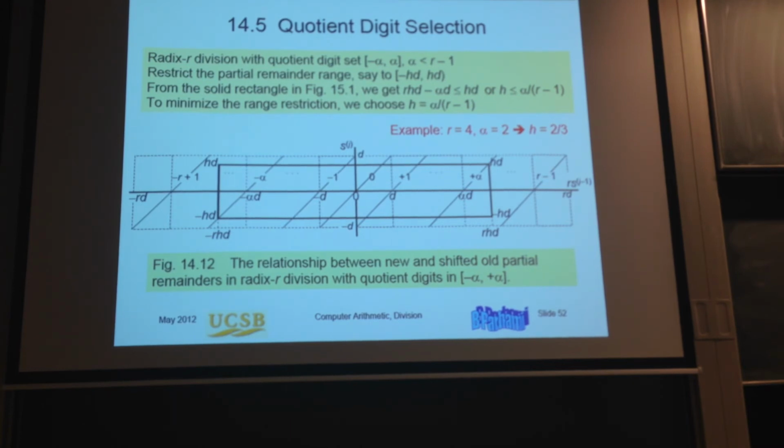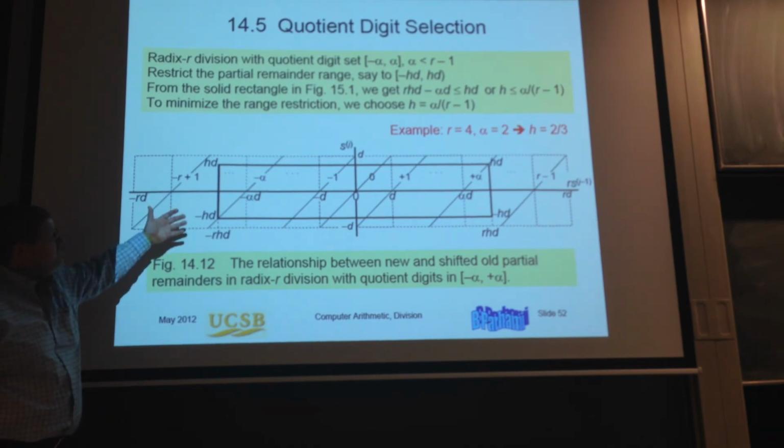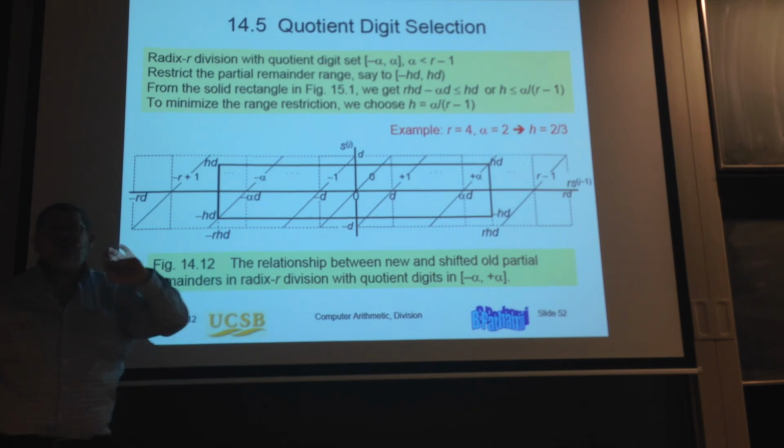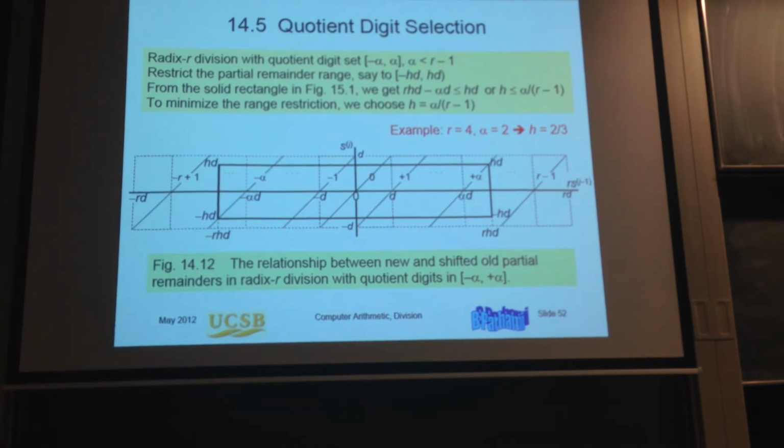In here, you have to bring your values within a certain range. And now, depending on that, you may have to apply an extra correction in order to shrink the dynamic range a bit, to get rid of some of the digits in the redundant set in the quotient.